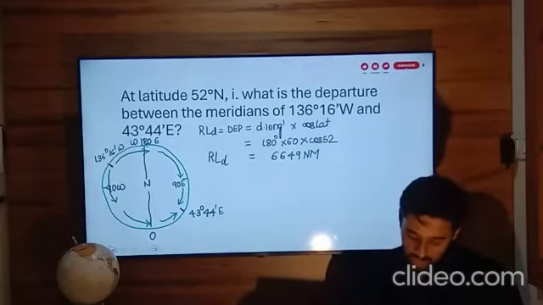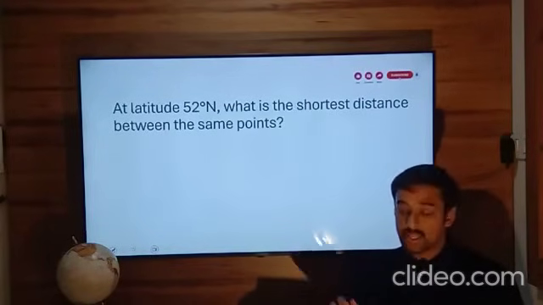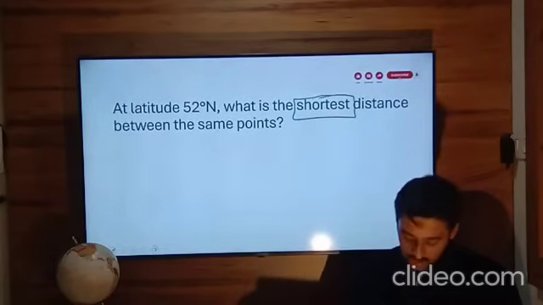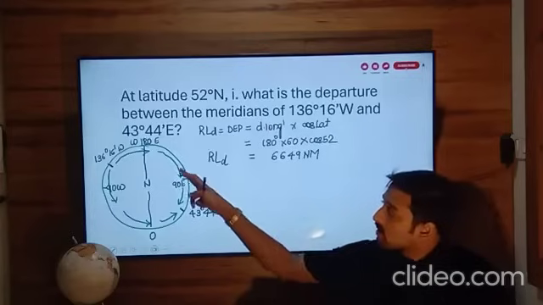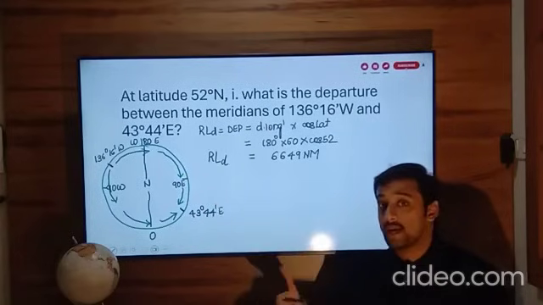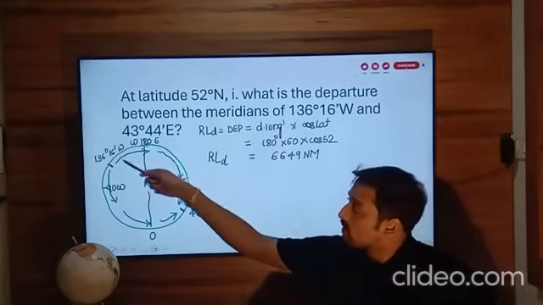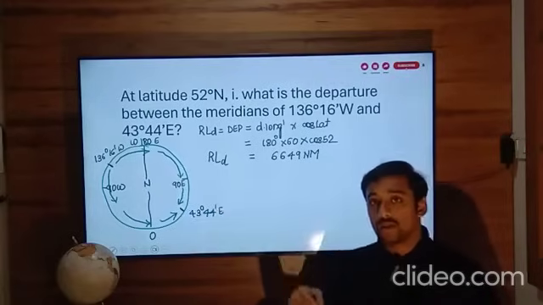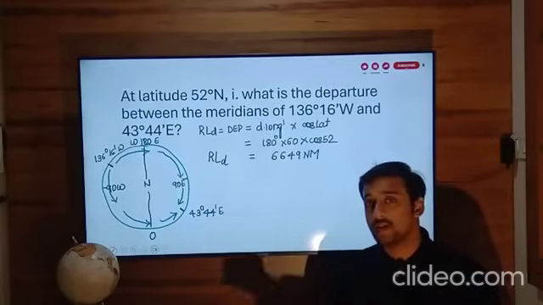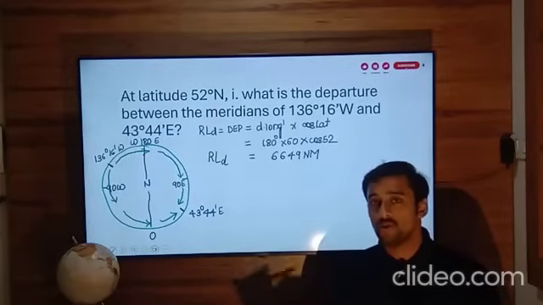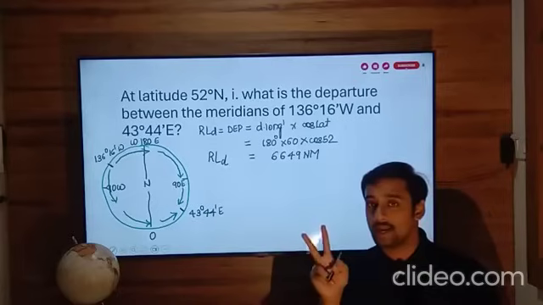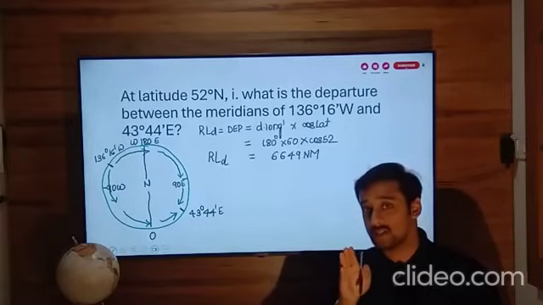The next part of the question asks: at the same latitude, what is the shortest distance? So instead of going right around the earth for 180 degrees, going full around the earth like this or like this, choose another route which will give you a shorter distance than the Rhumb line distance.